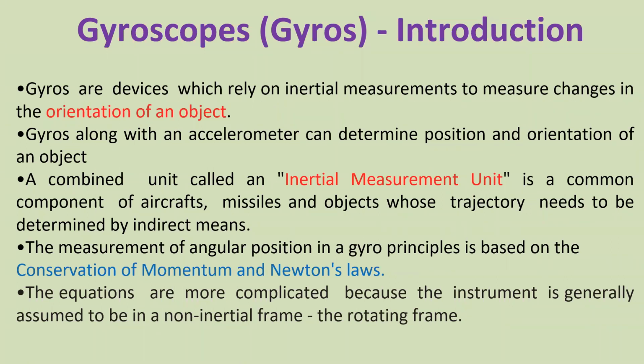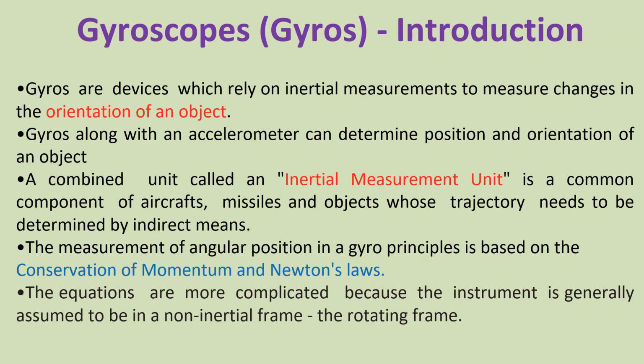We will be seeing that kind of gyroscope also. It is a transducer, but not a sensor. Usually these gyroscopes are not employed alone; they are employed along with accelerometers.